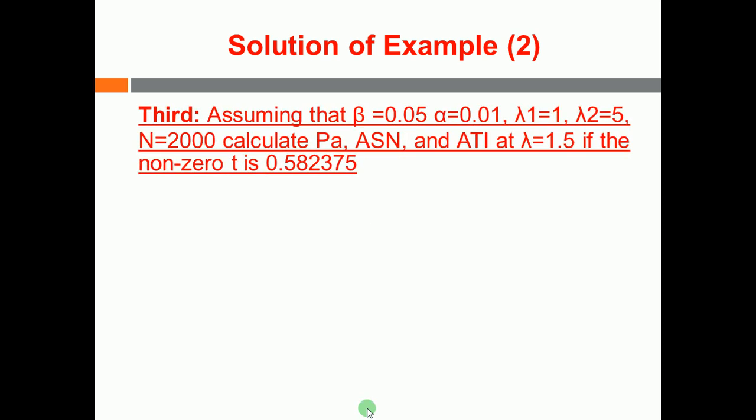The third requirement is to assume we have beta, alpha, lambda 1, lambda 2, and a lot size of 2000. We need to calculate the probability of acceptance, the ASN and the ATI at lambda equal to 1.5. What is meant by lambda equal to 1.5? This is the process average, or the lot average. Exactly as we said in the case of the Bernoulli, that I am receiving lots with P equal to something, this means that the lot has an average percent of defective items equal to something.